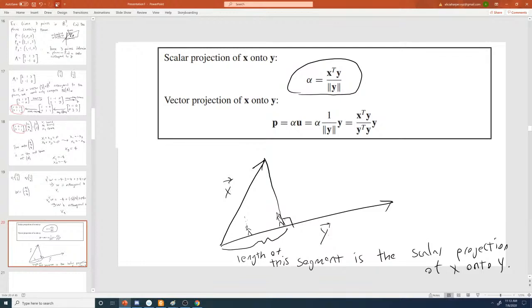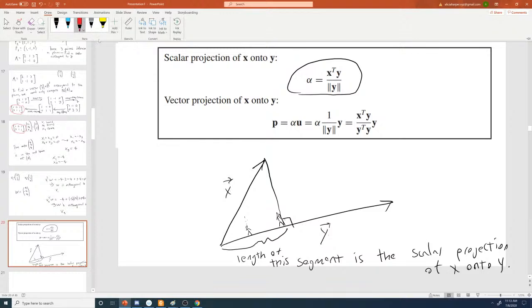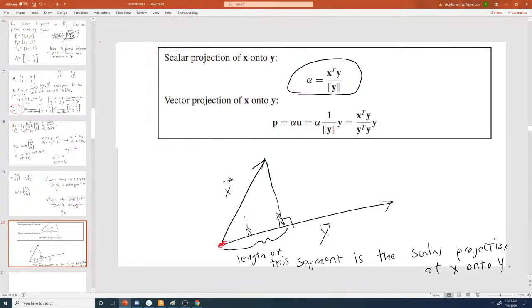Now, suppose we weren't interested simply in the length of this segment, but in the vector, this red vector, starting from here and going all the way over here. This red vector is called P, and it's the vector projection of x onto y, and we can compute it according to this formula.